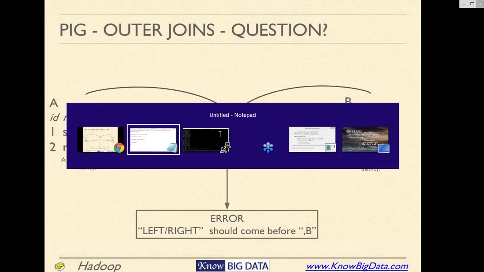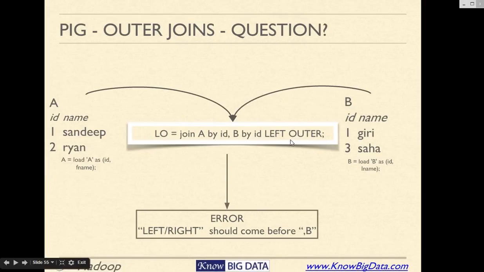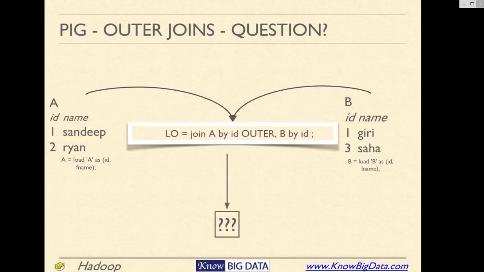No, basically this should error out. The left or the left outer should be before the comma, right? So I explained in the previous slide, I specifically pointed out that the keyword left or the left outer should come before the comma, right? Here it is afterwards, and hence this query is going to error out, right?